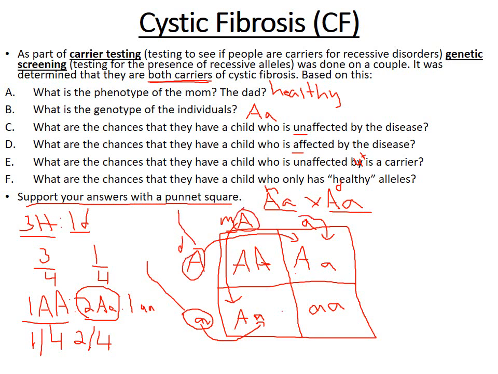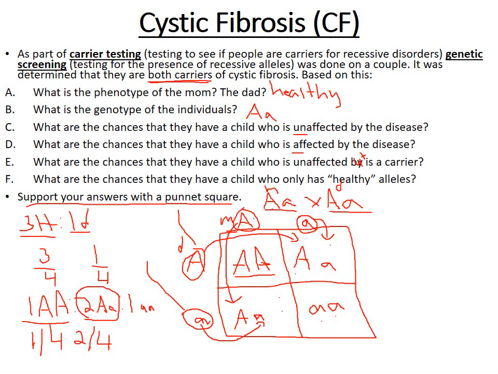And that's why there's 2 ways to get the heterozygous individual. There's only one way to get the homozygous dominant. Mom and dad both give A. There's only one way to get the homozygous recessive. Mom and dad both give little a, little a. So that's why there's two ways to get the heterozygous individual.